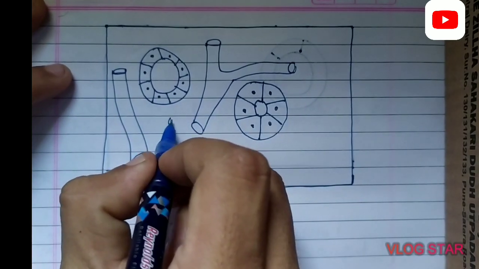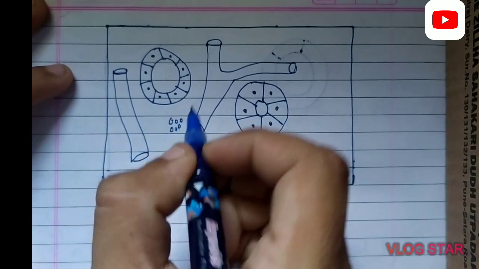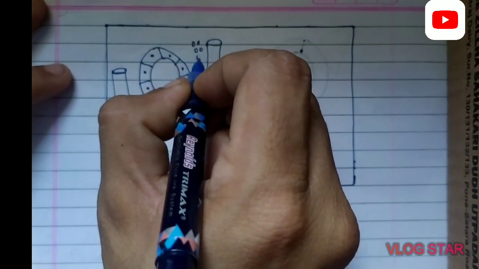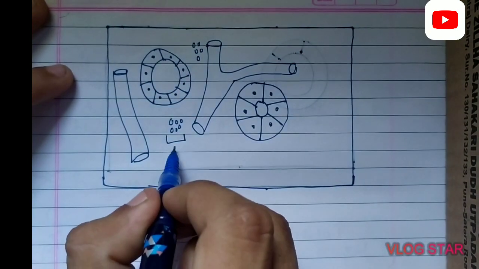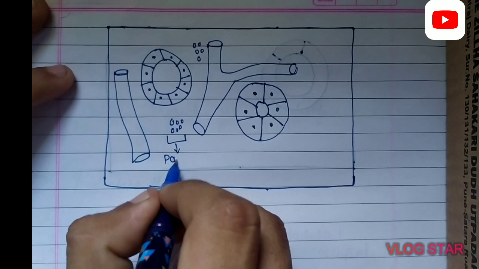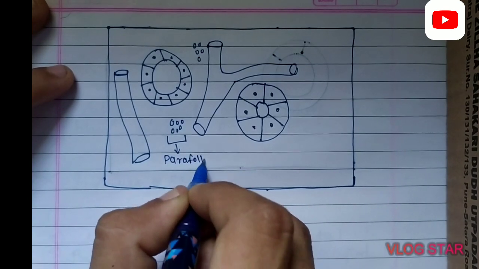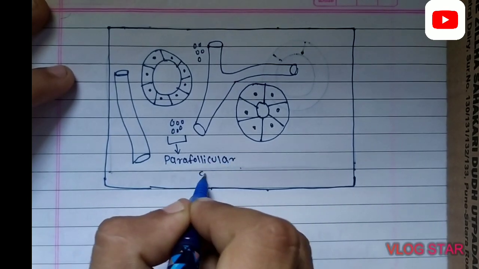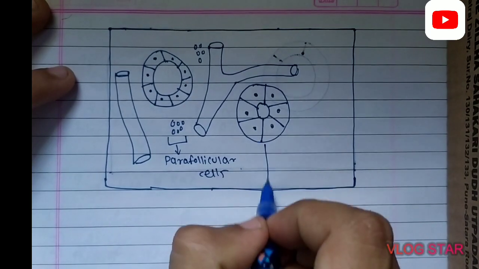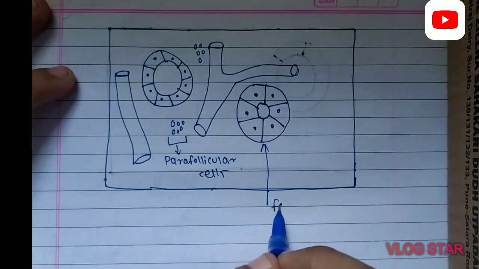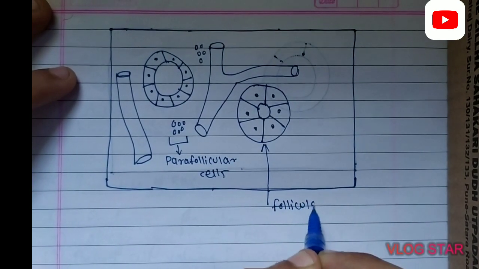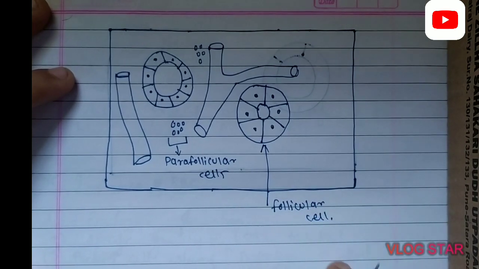Also there is a group of small cells in between the thyroid follicles. This group of small cells is called parafollicular cells, and this is the follicular cell.